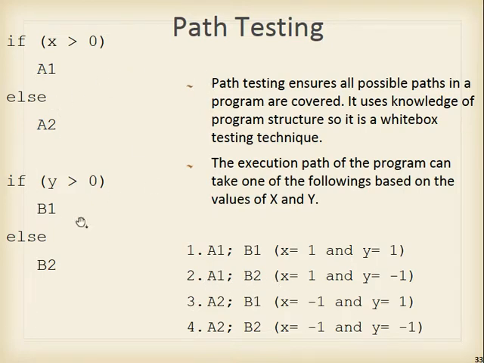So in this case, two if statements, one after another, to thoroughly exhaust the two different branches, you would need to devise your test data with x and y, you give it proper value.